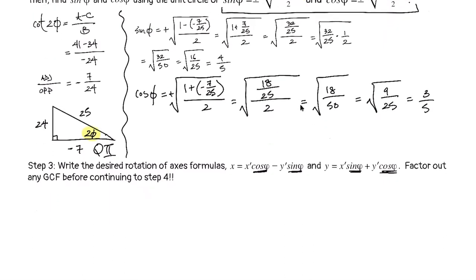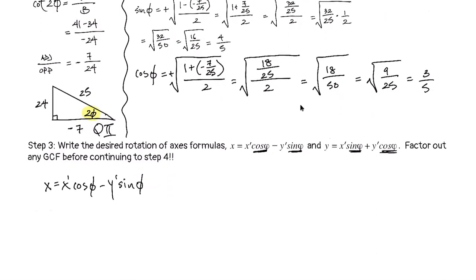So let's plug all the numbers we have into our x and our y. So x equals x prime cosine phi minus y prime sine phi. This is going to give me cosine is 3/5, I keep my x prime, minus sine is 4/5, I keep the y prime.